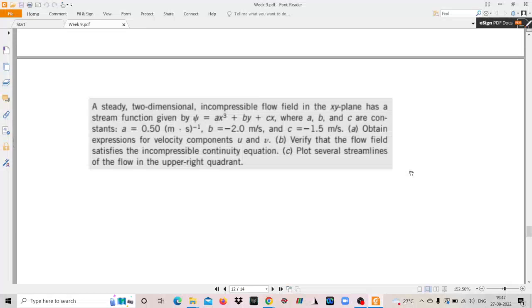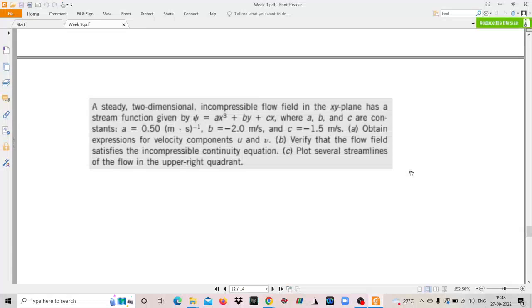So there is a two-dimensional flow which is steady as well as incompressible, and nothing has been mentioned about whether the flow is rotational or irrotational. It has been given to you that it is a steady two-dimensional incompressible flow, and the stream function is ax cube plus by plus cx.